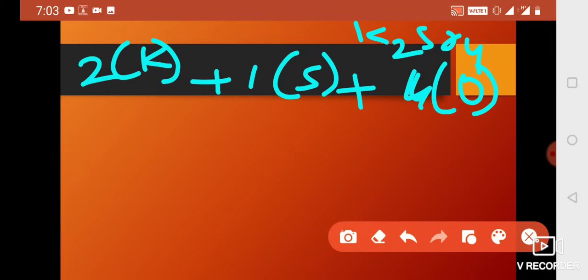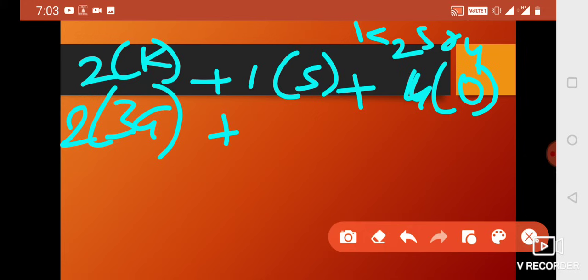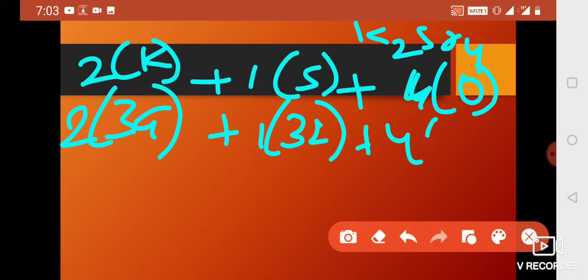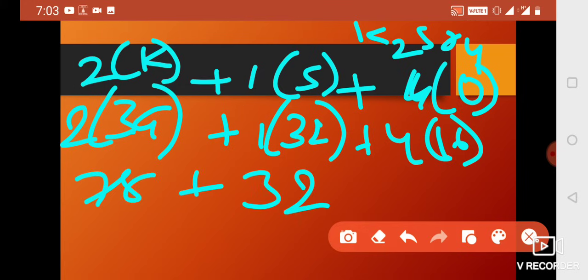Now K means potassium. What is the atomic mass? We have to write the atomic mass: 2 into 39, then sulfur 1 into 32, oxygen 4 into 16. Now we add up: 78 and 32 and 64.